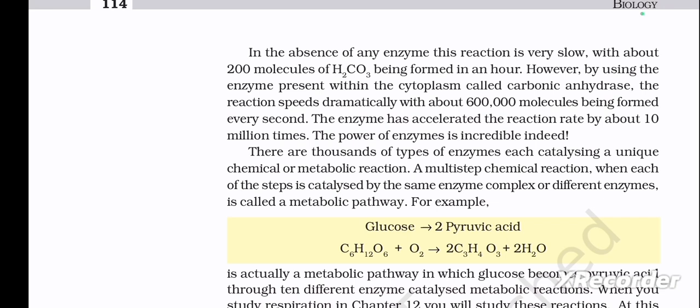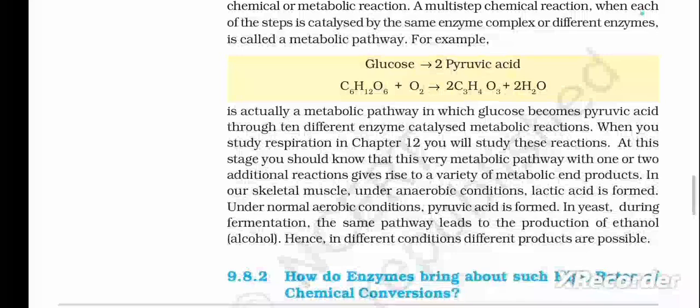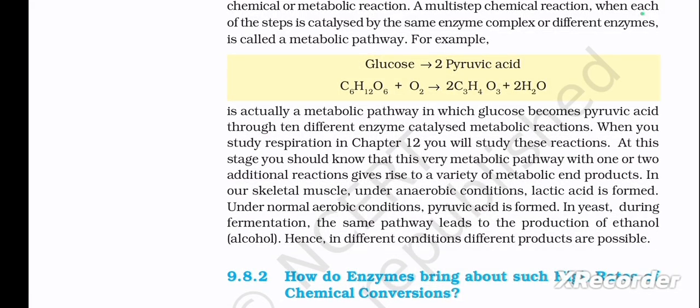For example, glucose to 2 pyruvic acid, C6H12O6 plus O2 gives rise to 2C3H4O3 plus 2H2O, is actually a metabolic pathway in which glucose becomes pyruvic acid through 10 different enzyme catalyzed metabolic reactions. When you study respiration in chapter 12, you will study these reactions.